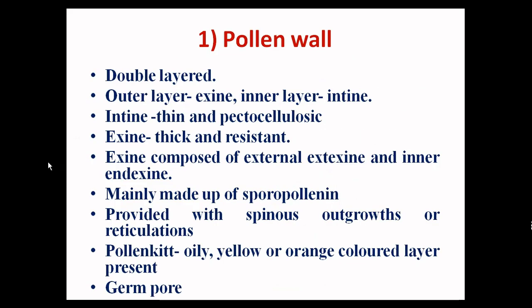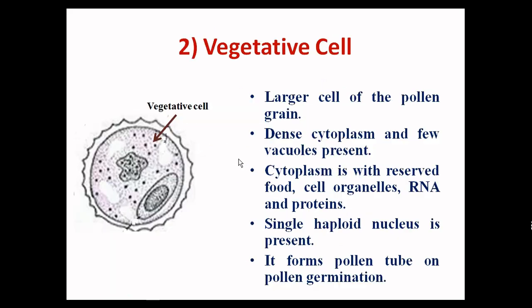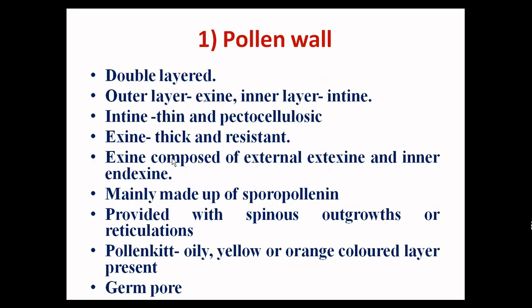Then the exine is basically composed of the external ektexine, which is 3 layered, and the inner endexine. The major component of the exine is sporopollenin, which is the cementing substance present in the pollen wall. It is provided with spinous outgrowths or reticulations also.